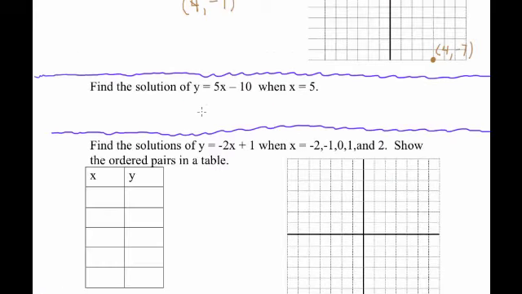So your homework is going to ask you questions like this. Find the solution of y equals 5x minus 10 when x equals 5. All you have to do to answer that is find the y coordinate that goes with that. So sub 5 in for x.